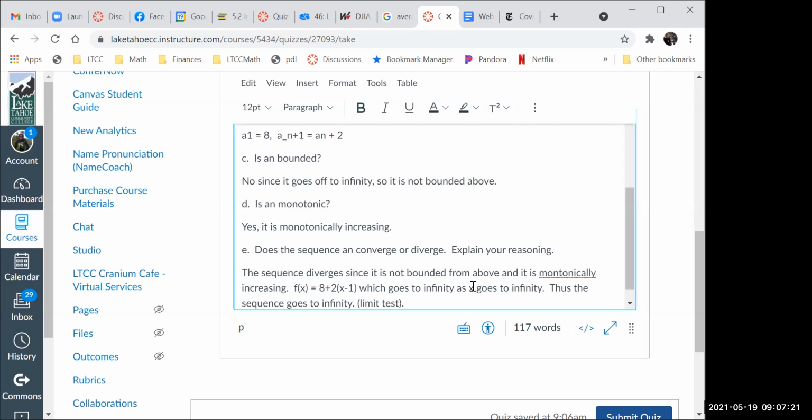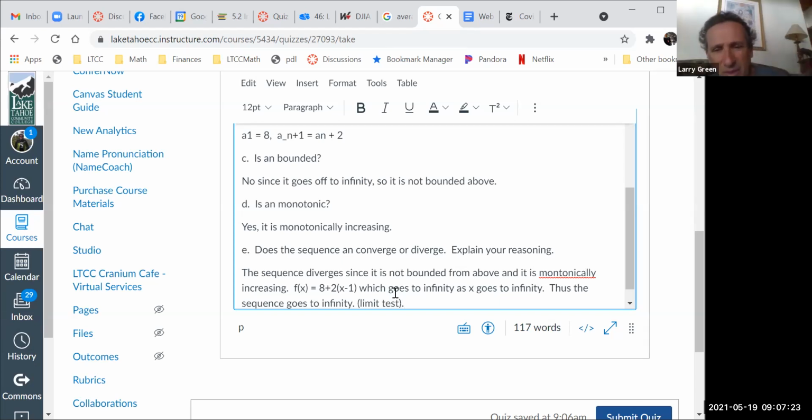And again, the limit test quickly shows that this diverges. The book, I think, calls it the divergence test, but I think the divergence test doesn't give you enough information. I like the word limit better because that's really what you're doing. You're taking a limit.